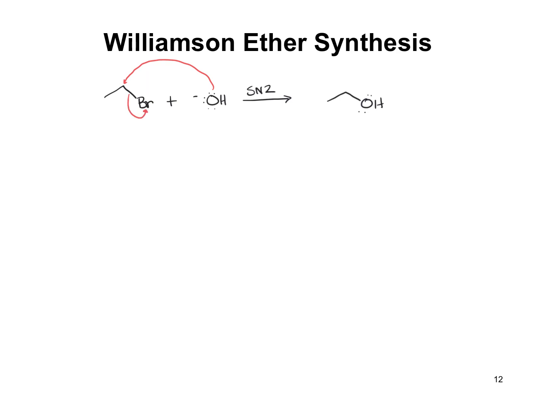Now, I want you to notice that in organic reactions, sometimes we just show the organic product and don't worry about the Br minus over here. And so that's pretty common. And then if we have an alkyl halide with a deprotonated alcohol, the same thing will happen.